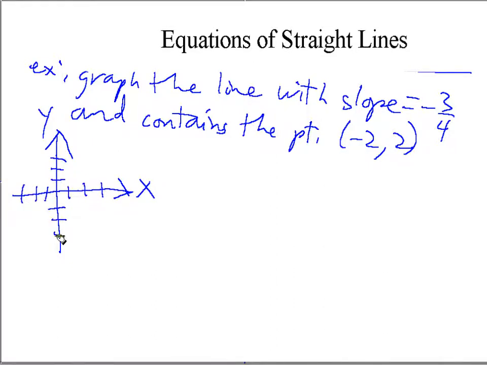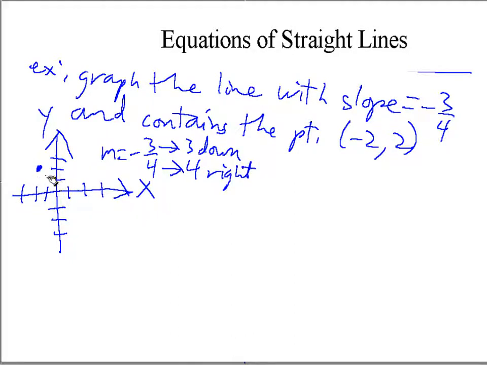So we start off at negative 2, 2, and then we said the slope is negative 3/4. Since the slope is negative 3/4, the rise is negative 3, so go 3 down. The run is positive 4, so go 4 to the right.